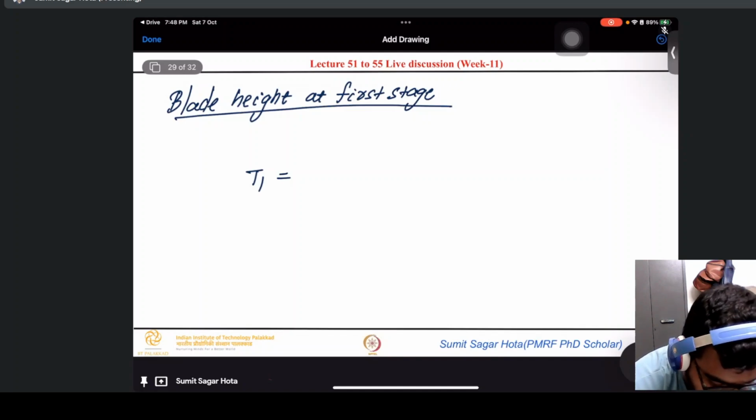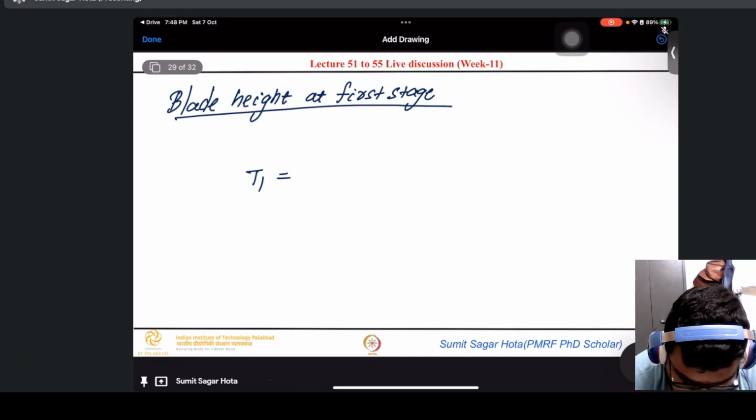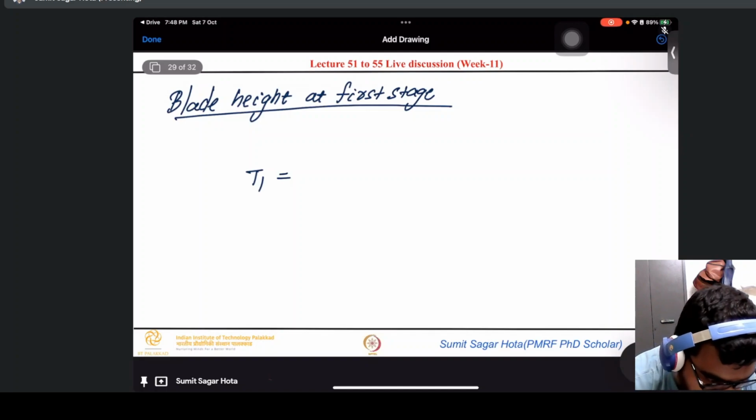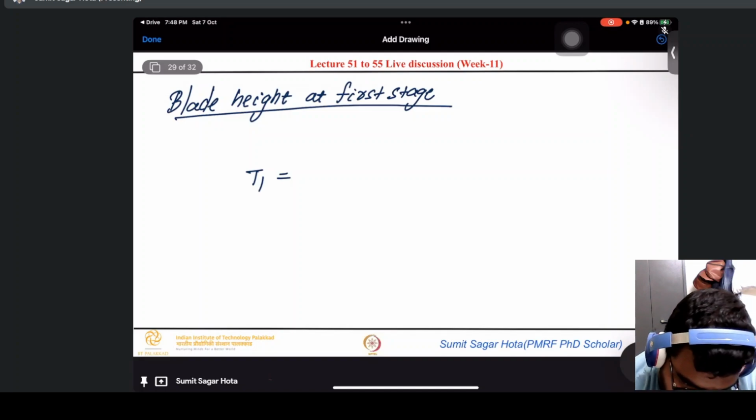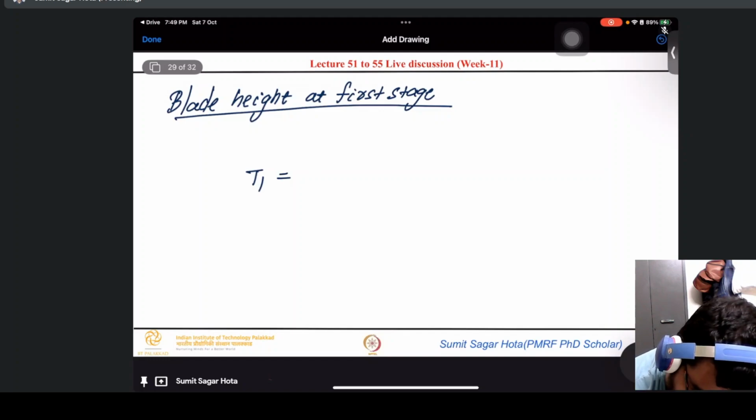Okay, so whatever we see as 1 is our T01. Okay, or one way I can write it as T1 equal to T01.